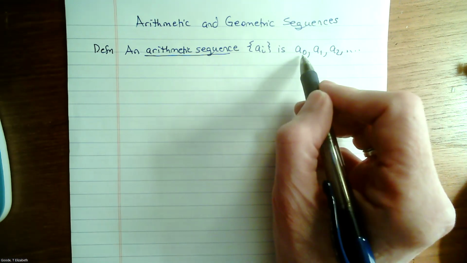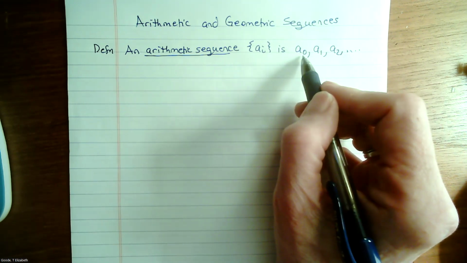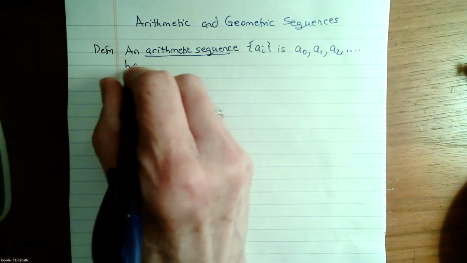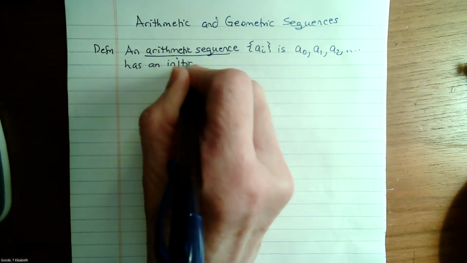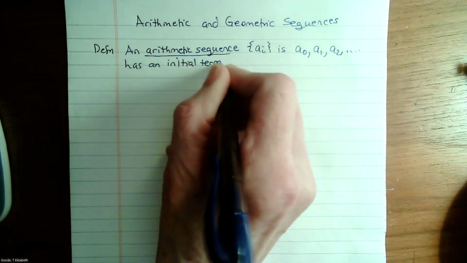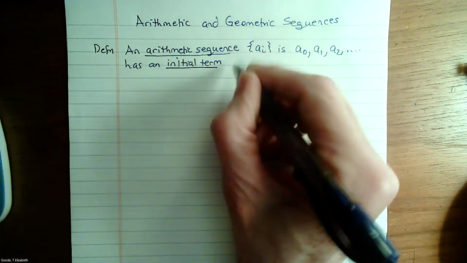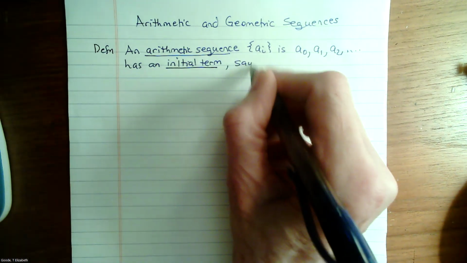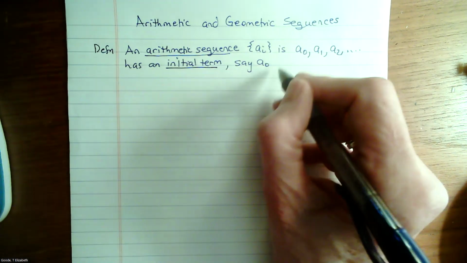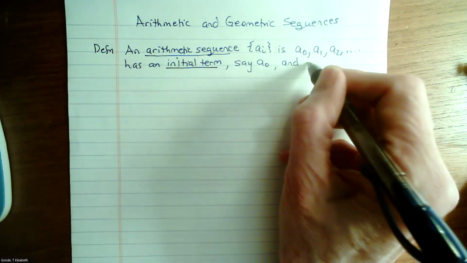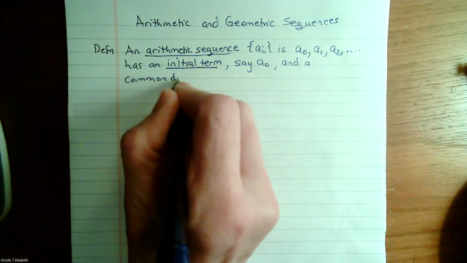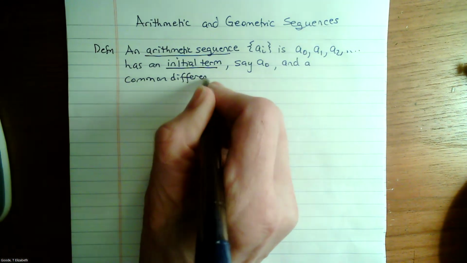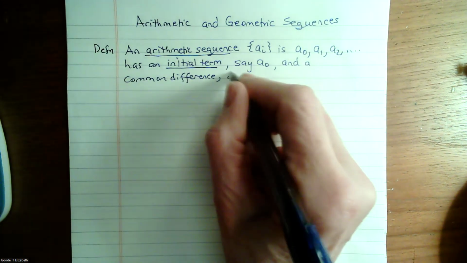So instead of saying a sub 0, I usually say a0 has an initial term, and that's the a0 term. And a common difference. And that's what we saw being added over and over, that common difference, denoted by d.